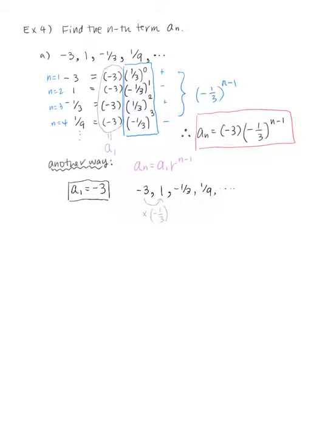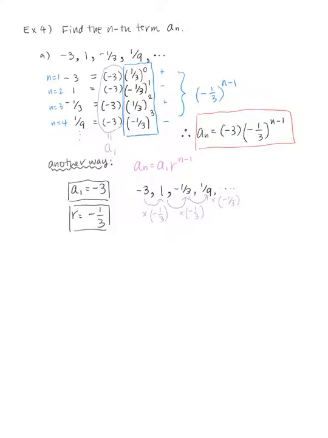Now, can I multiply the same quantity, which is -1/3, to get from 1 to -1/3? Yes, we can. And then what about the next term? If I multiply -1/3 times -1/3, I could get to 1/9. So we do have a common ratio. So our common ratio r is going to be -1/3.